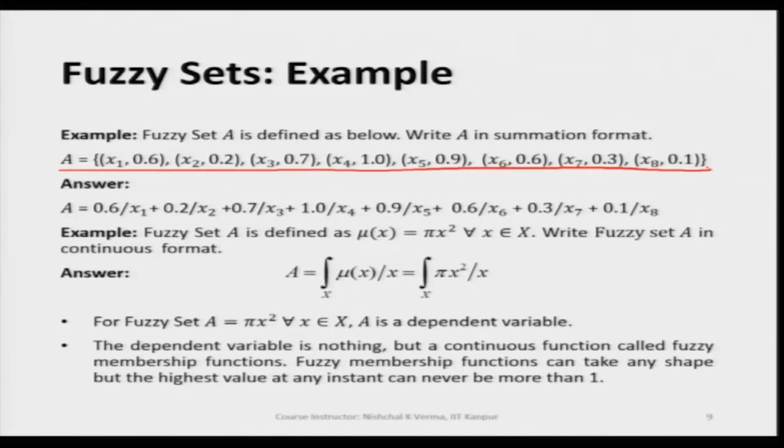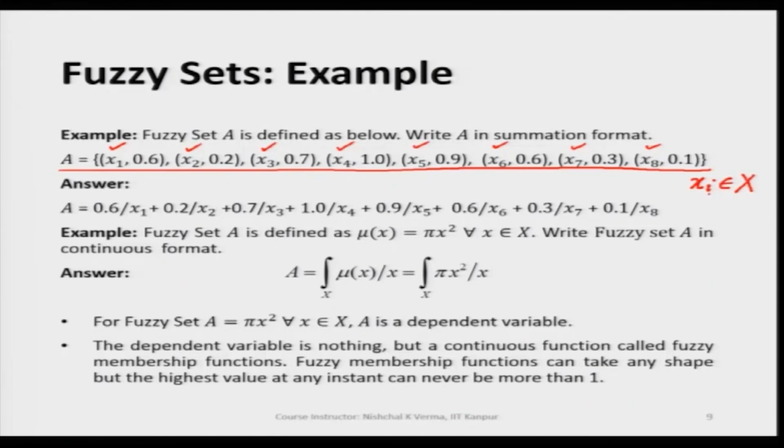if this is a fuzzy set that is given to you, and please understand that these x 1, x 2, x 3, x 4, x 5, x 6, x 7, x 8, all these elements must be drawn from the universe of discourse X. So, I am writing here x i's for all these, and this is the capital X which is my universe of discourse, where i is equal to 1 to 8.